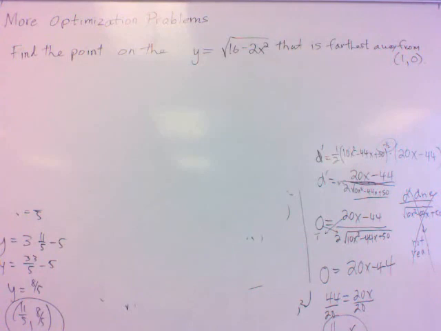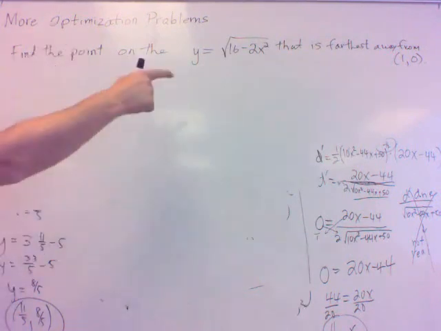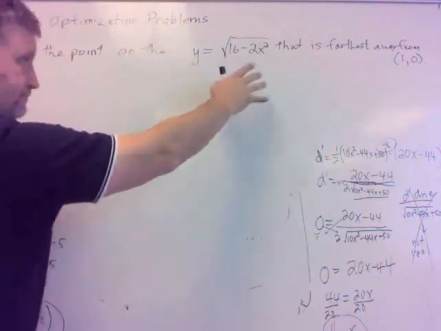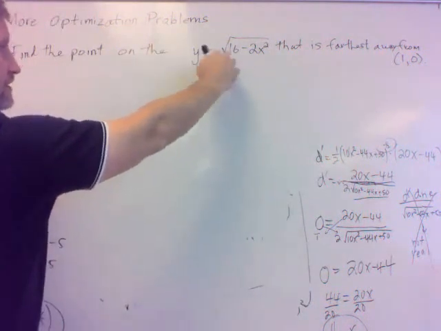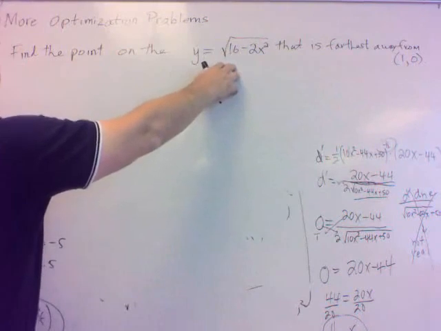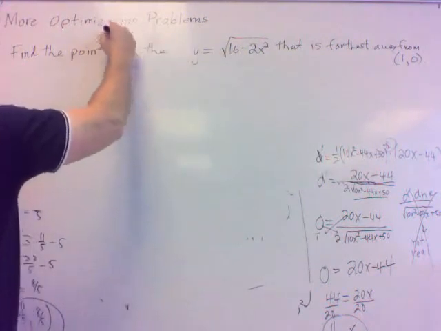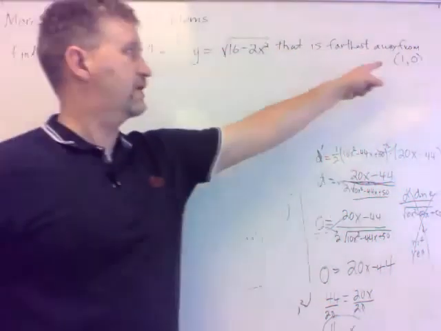Well, we could draw it, but it's the same thing. There's this curve, and I want the x, y point that is farthest away from (1, 0).